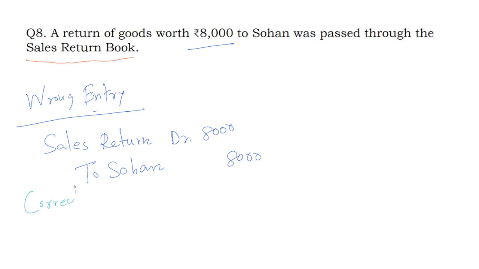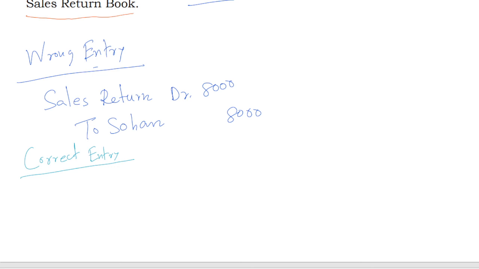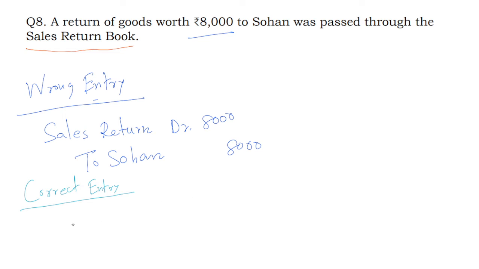Now the correct entry: Shohan debit 8,000 to purchase return 8,000.